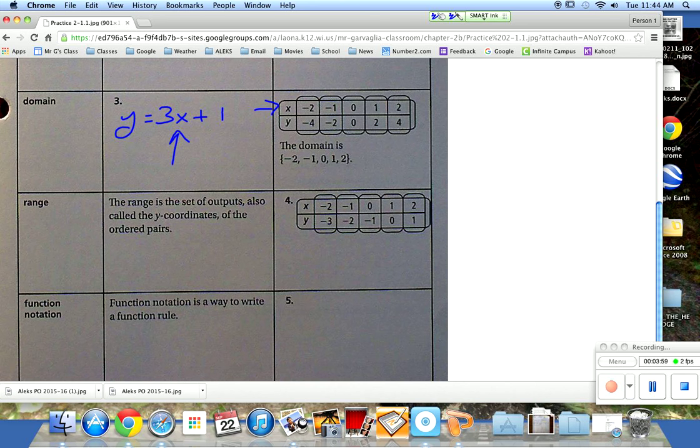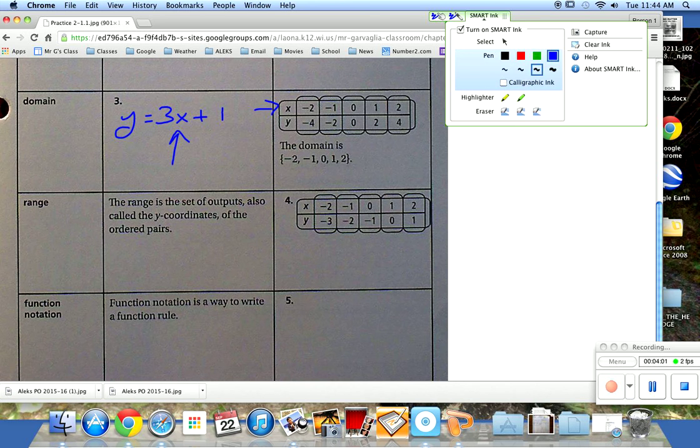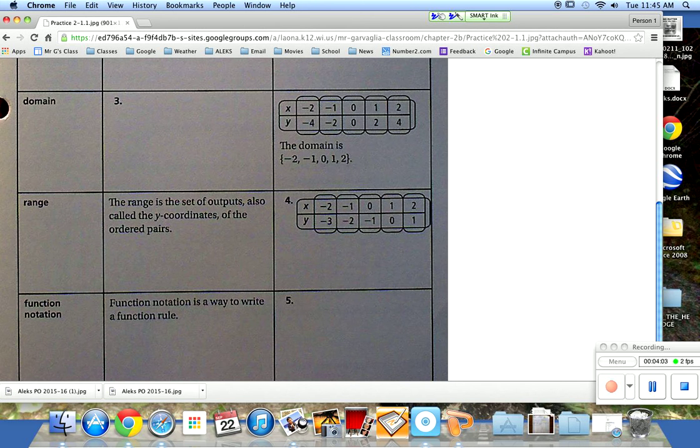Let me see if I can reword that for you. Input to equation to determine output.